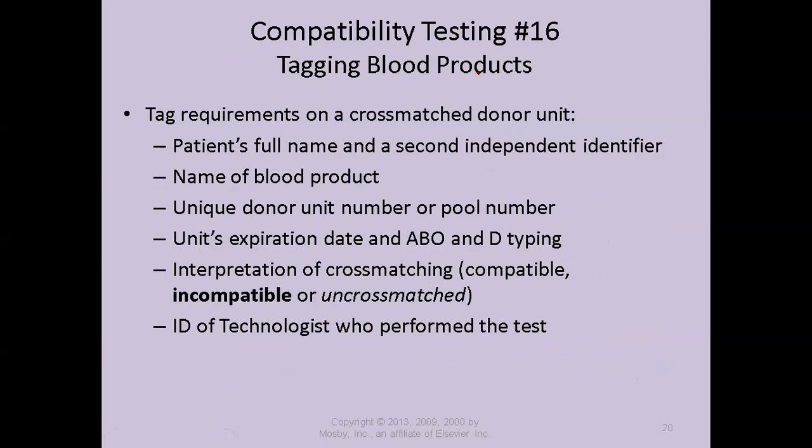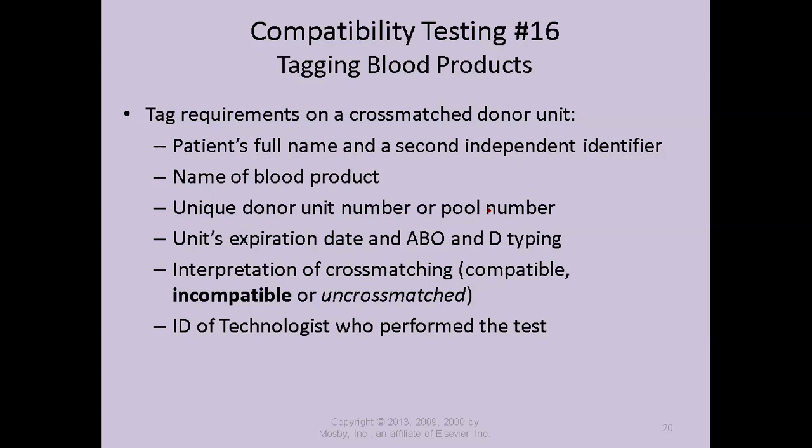Tagging blood products. Once we've cross-matched a unit and we've allocated this unit for a specific recipient, that unit is tagged with a label that has the patient's full name and a second independent identifier like a hospital ID number. The name of the blood product must be on there. We saw previously how the picture of the red cells had red cells on it.